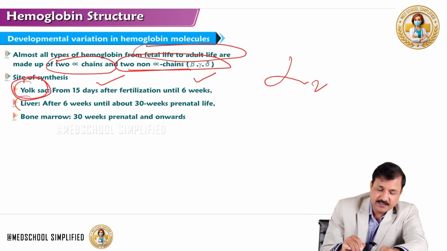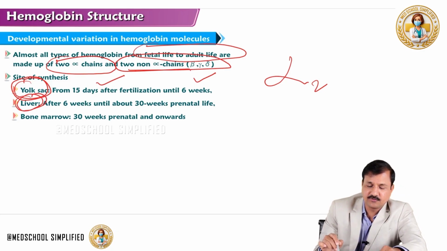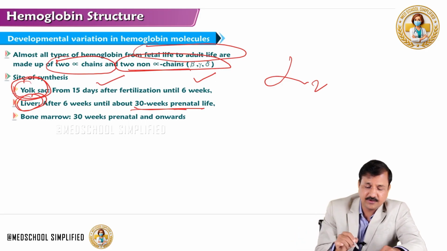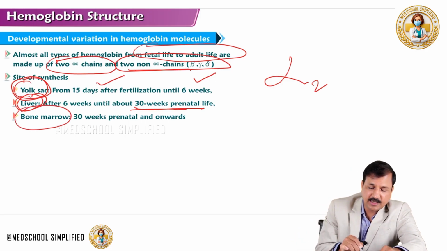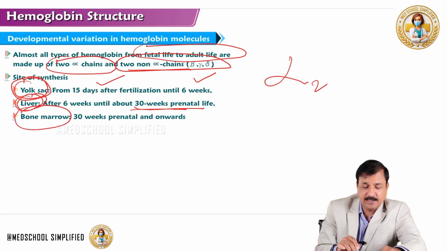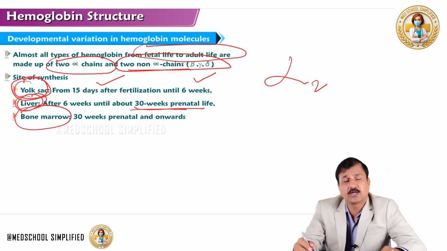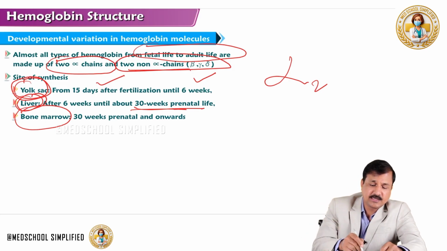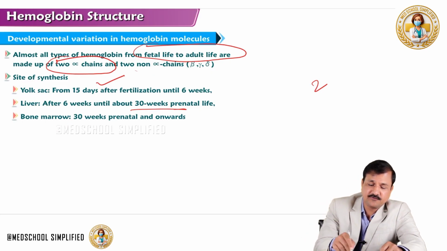And then the liver takes over from 6 weeks until 30 weeks of prenatal life. And after that, from 30 weeks of prenatal life onwards, it is the bone marrow which takes over, especially the long bone marrows, that's the site of synthesis of hemoglobin.